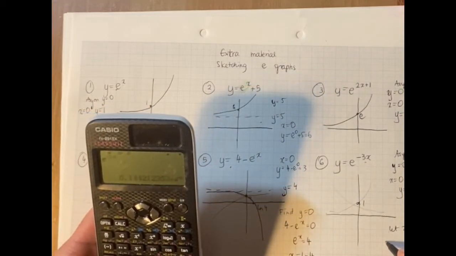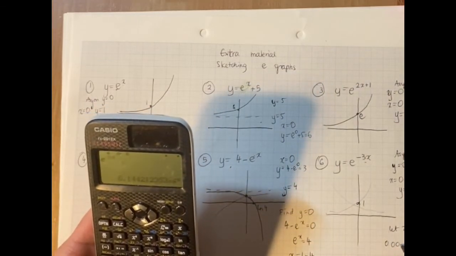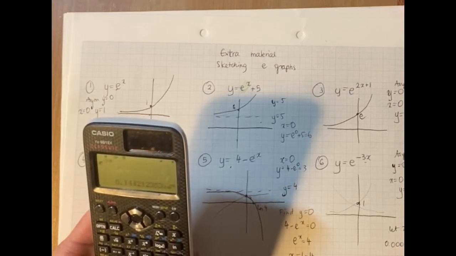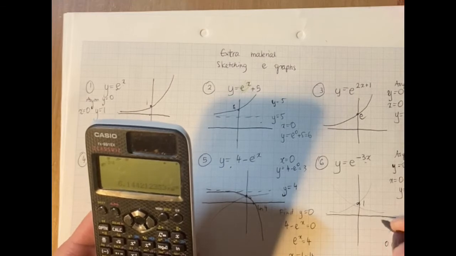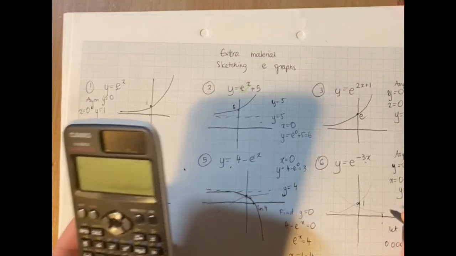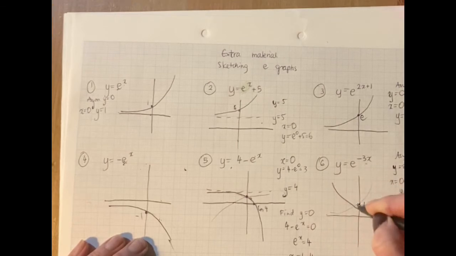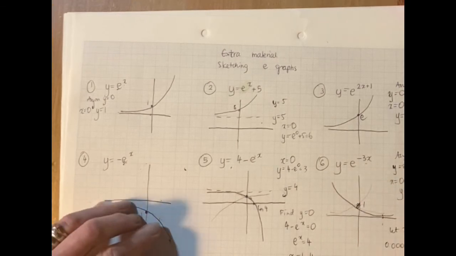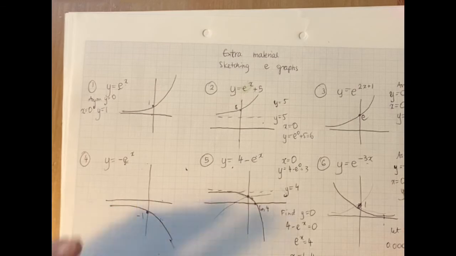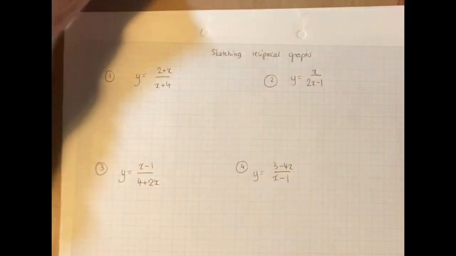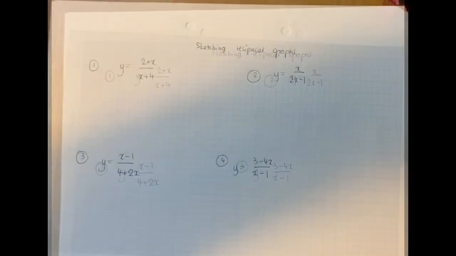So for x equals 4, it's really close to the x-axis, so it looks like this. There you go, it should go through 1. There you go. So this is how to sketch your exponential graphs.